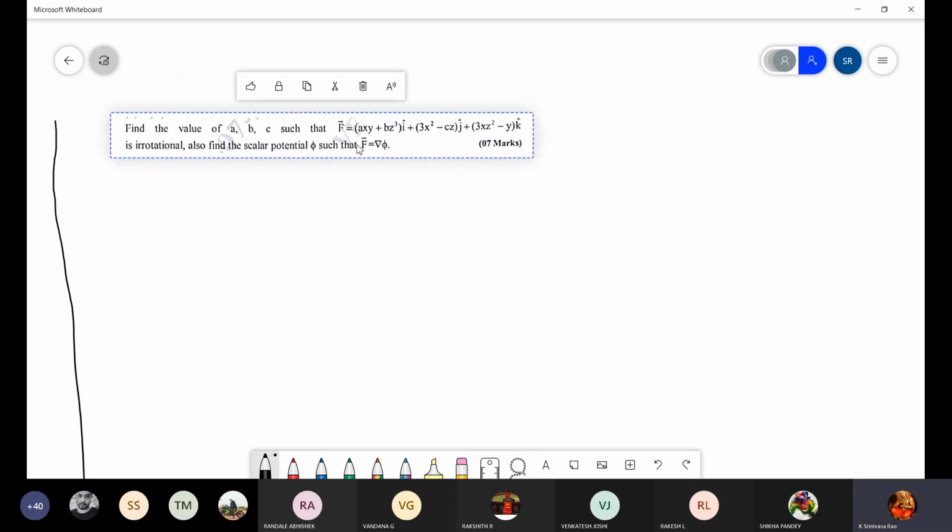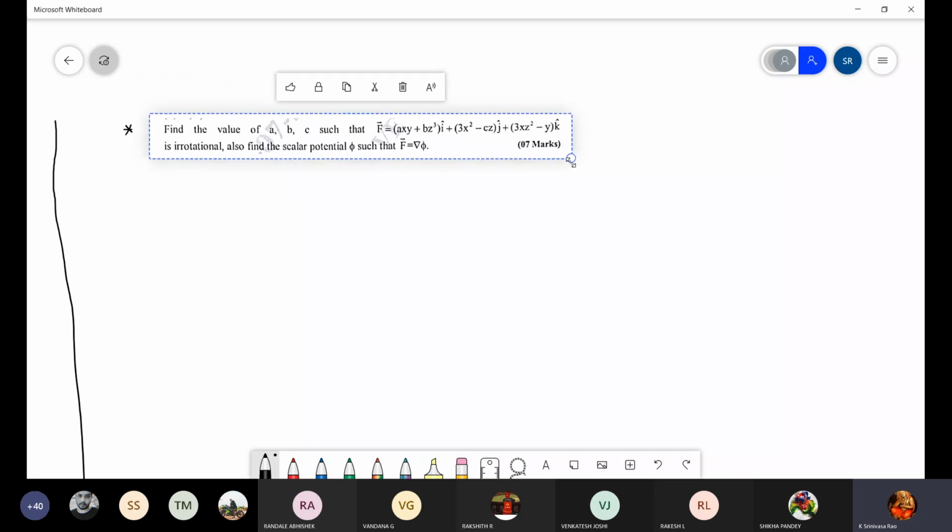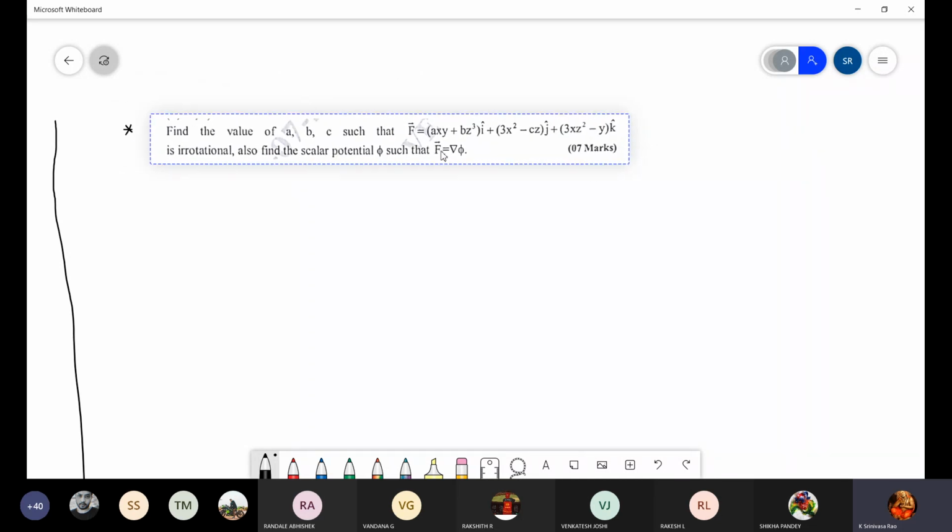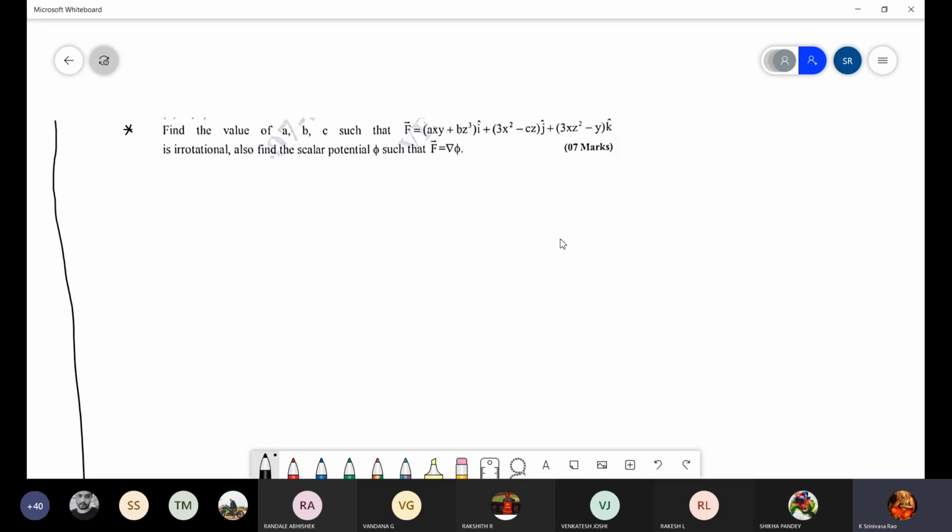Yes, this is the question paper problem. Is it visible now? Yes, sir. So from one question paper, I copied the image.